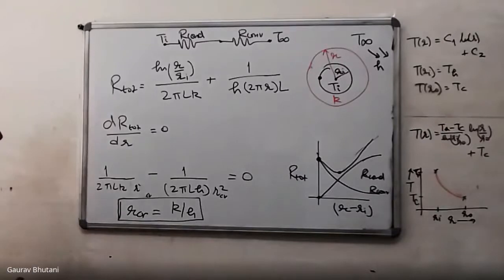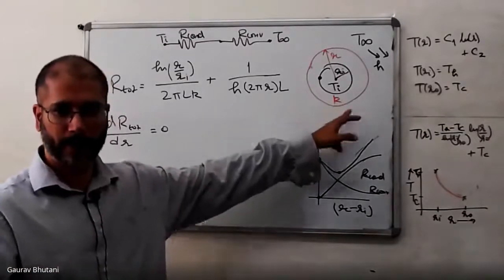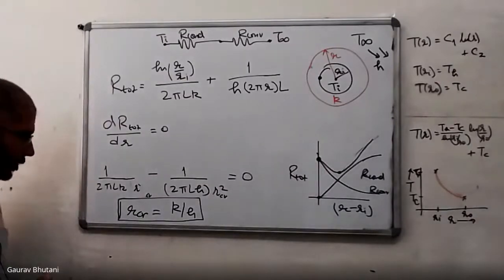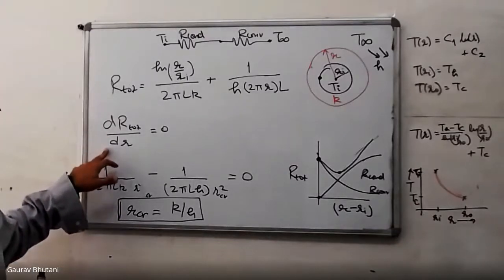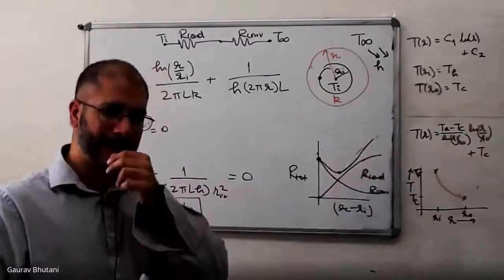So depending on the value of the thermal conductivity of the insulation and the heat transfer coefficient on the outside, you will get a critical radius. And you can take a second derivative and check, and you will see that it will come out to be positive. So it's a minima. Yes, it is indeed what I just showed you.